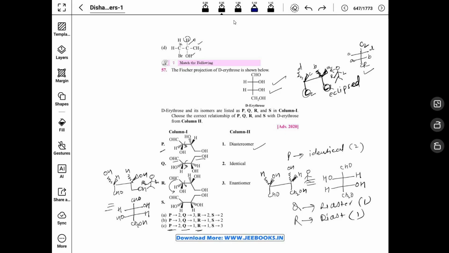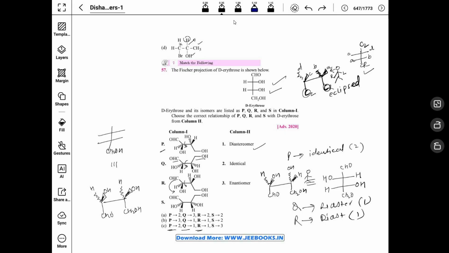Now last is S. In this case, the Fischer projection, let me erase this molecule. Okay, then S, we can quickly draw. Hydrogen is going away, OH is towards your side, and the same, hydrogen is going away, OH is on your side. So the Fischer projection will be CH2OH, watching through this angle.